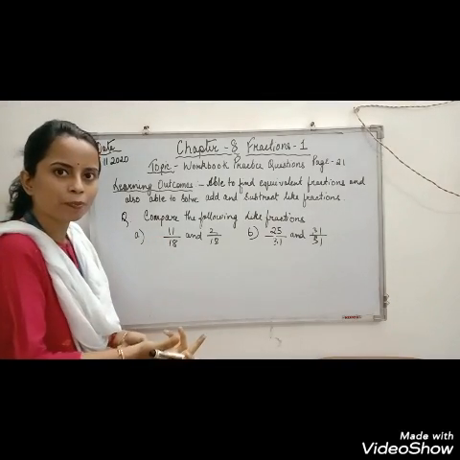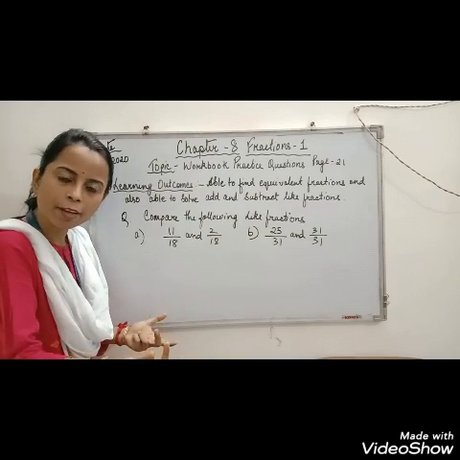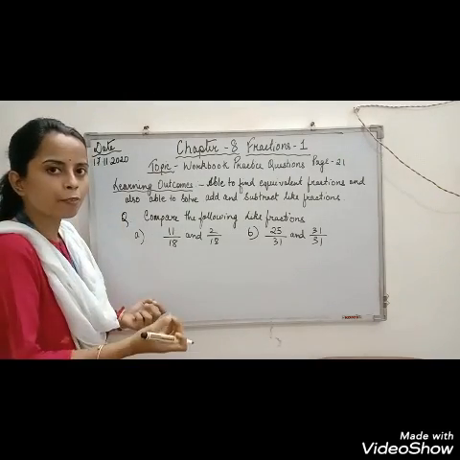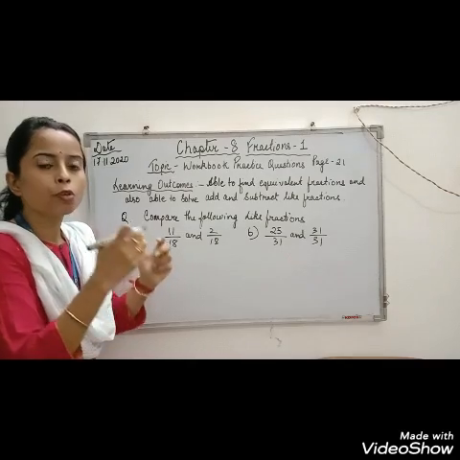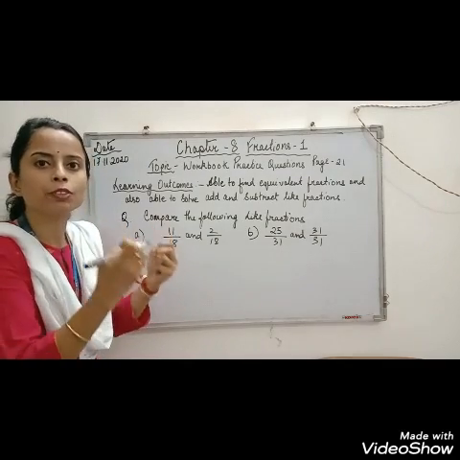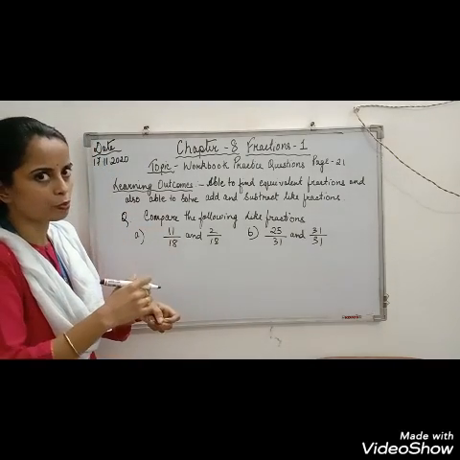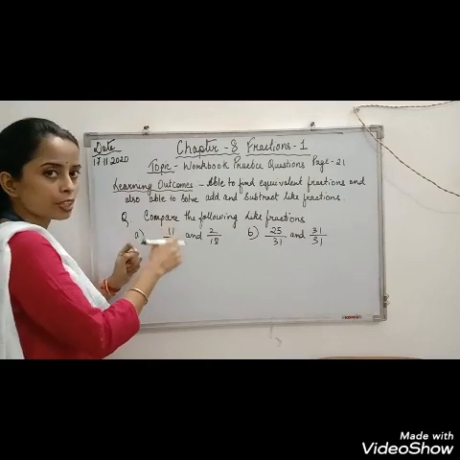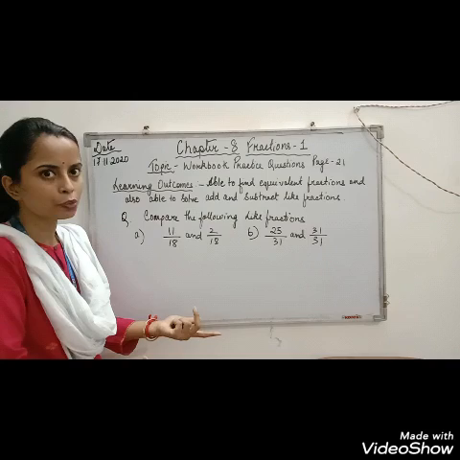Fractions having the same denominator are called like fractions. So in like fractions, denominators are same. To compare like fractions, what do we have to see? We have to see the numerator. The greater numerator will be the greater one, and the smaller numerator is the smaller one.